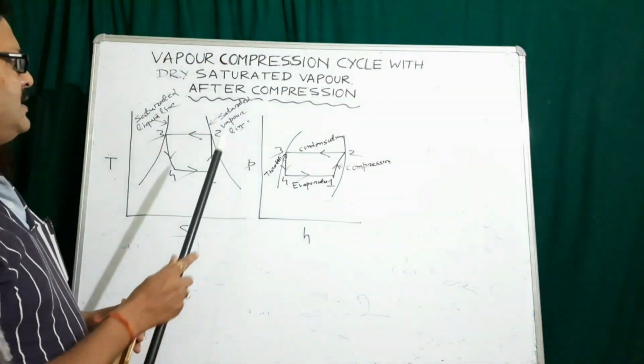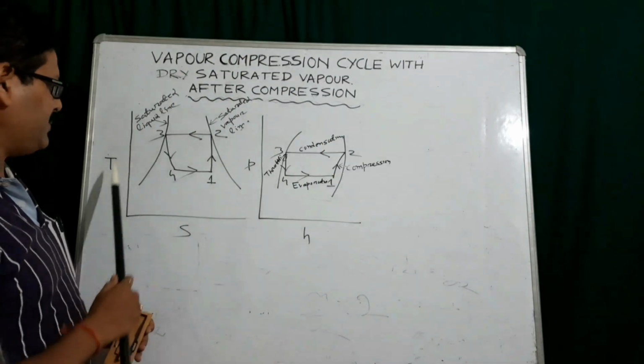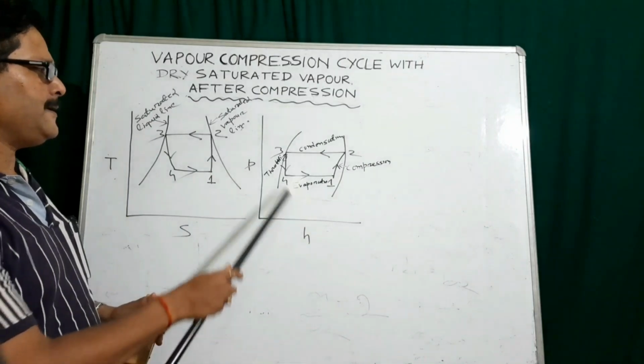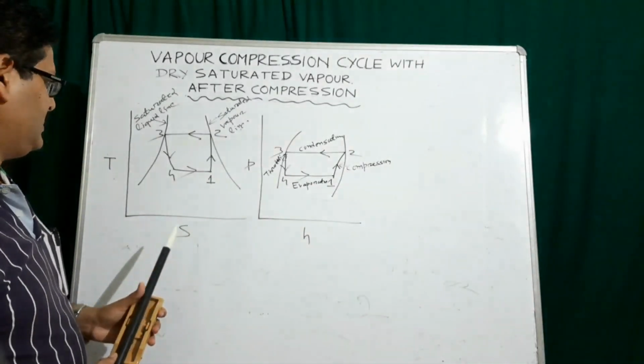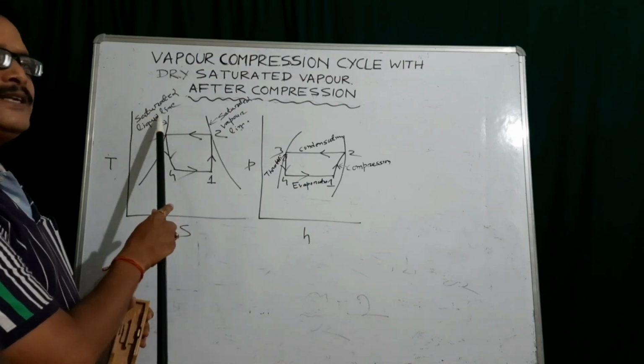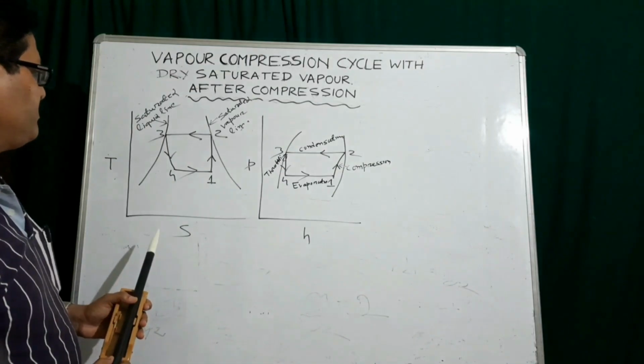Now, this cycle has been shown with the help of a temperature entropy TS diagram as well as a pressure enthalpy PH diagram. These two lines represent the saturated liquid line and saturated vapour line respectively.